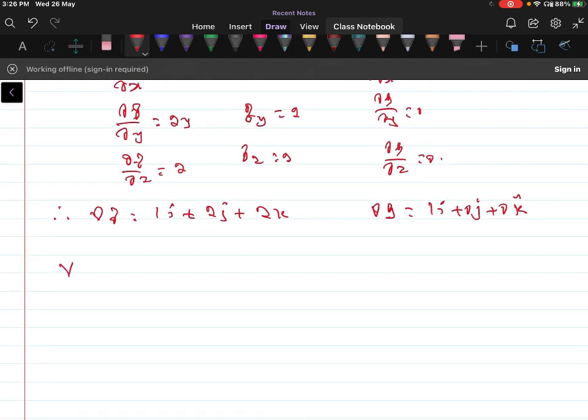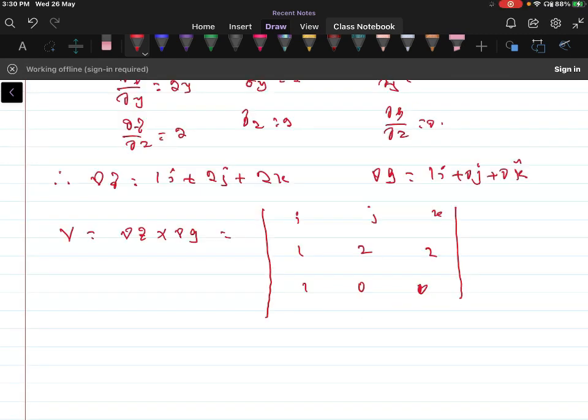So let us find v, where v is parallel to the gradient of f cross the gradient of g, that can be obtained by the determinant of i j k, where the gradient of f is 1 2 2 and the gradient of g is 1 0 0.